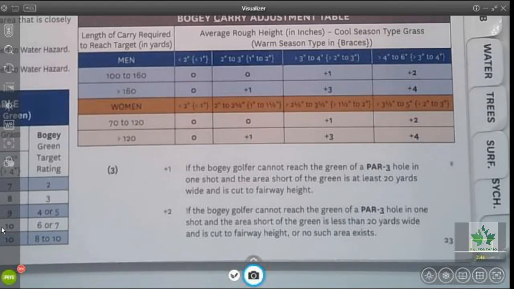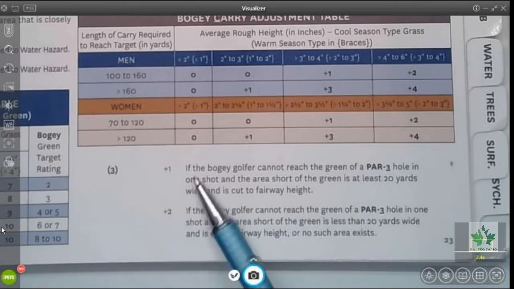And the problem is that on a par 4, part of your total obstacle value for the hole should be a fairway obstacle rating, but you can't have fairway ratings on a par 3. So in some ways, this is a way of compensating the bogey golfer for having to hit an area that in any other circumstance would be a fairway, but it can't be in this case because you're not allowed to have a fairway rating on a par 3 hole.